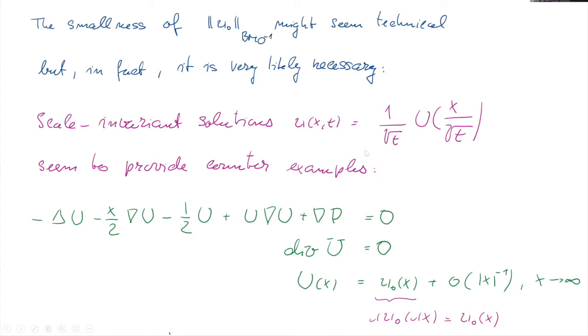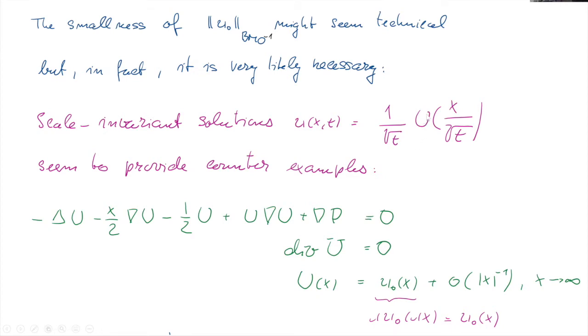So the equation has scale invariance, and these are exactly solutions which are invariant under the scaling. And in fact, this class of solutions was already pointed out in the paper of Koch and Tataru as a possible borderline case.